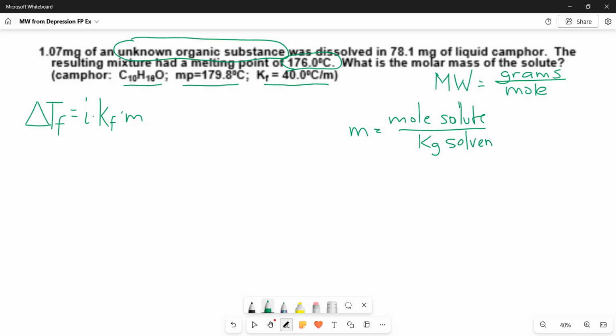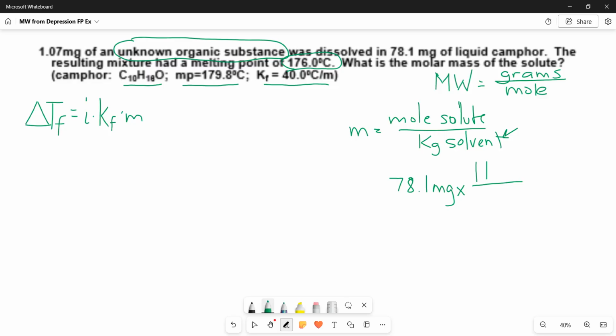So the first thing that I'm going to do is take that 78.1 milligrams and put it into grams. Or, I'm going to put it in kilograms. Sorry, this 78.1 is the actual solvent. So I need to have it right here. If we look, I need to have it in kilograms.